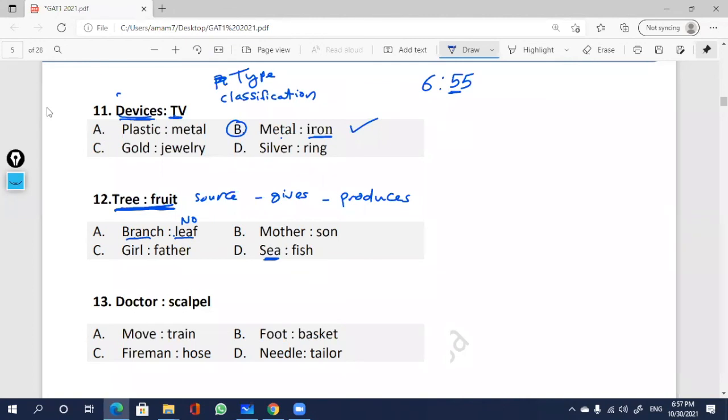A sea produces fish. It gives us fish. So mother, son. If it's not sea and fish, it's mother, son. Excellent. Mother, son. This is the best one. Okay. Actually, we have more than one correct answer here, but the best one is B.